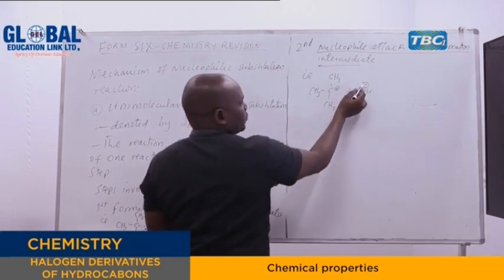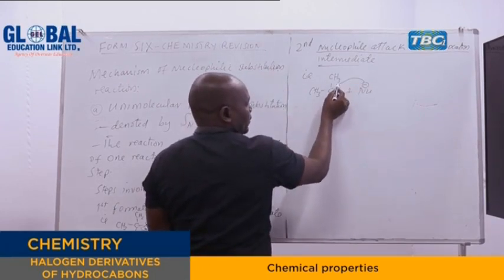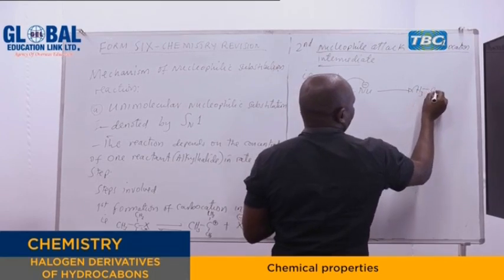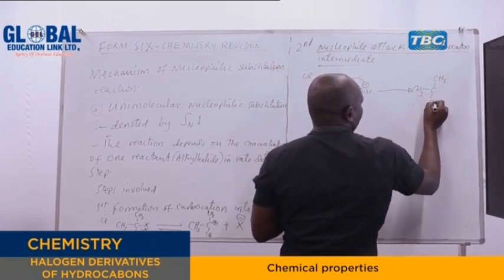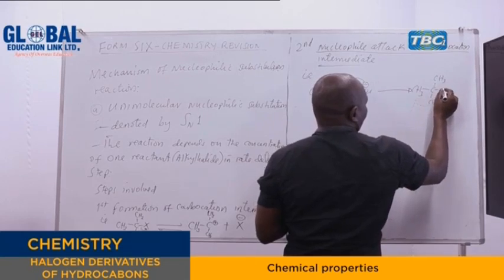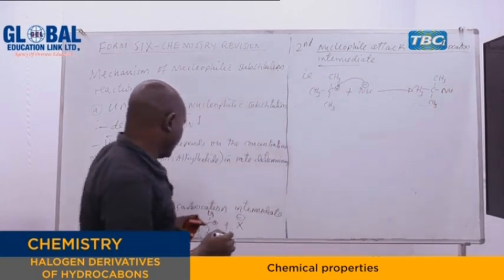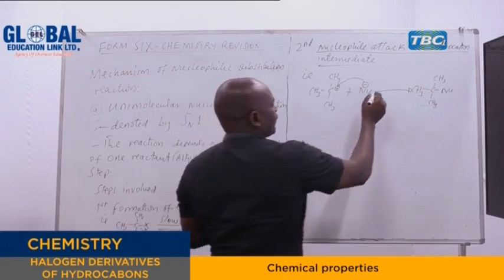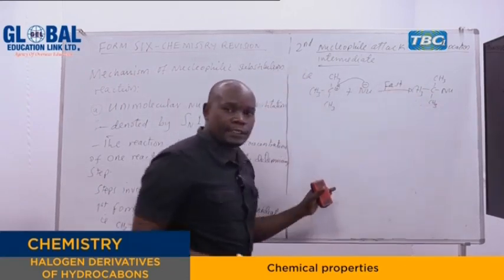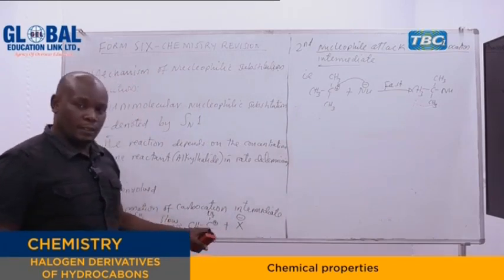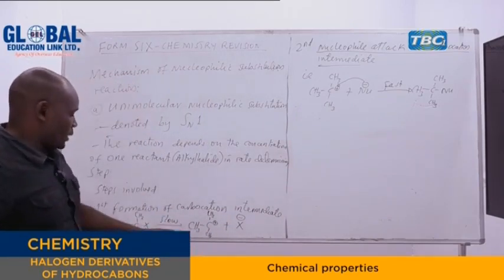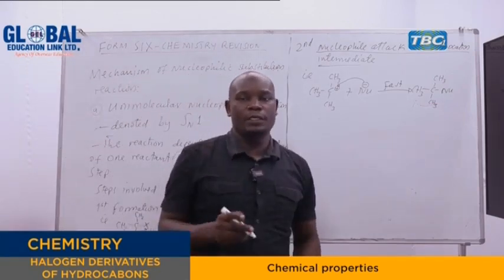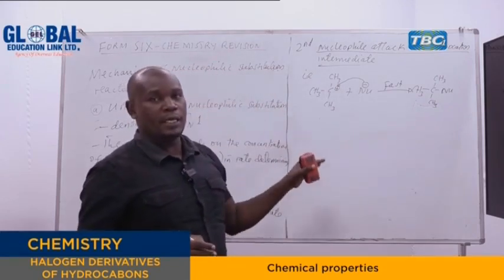Now here the nucleophile will attack the positively charged carbon and end up getting the product. And here this reaction is the slowest reaction, while this one is the fast reaction. So the rate determining step is this one, the first step. In the first step we see that only one reactant is involved. That's why we call it first order nucleophilic substitution reaction.